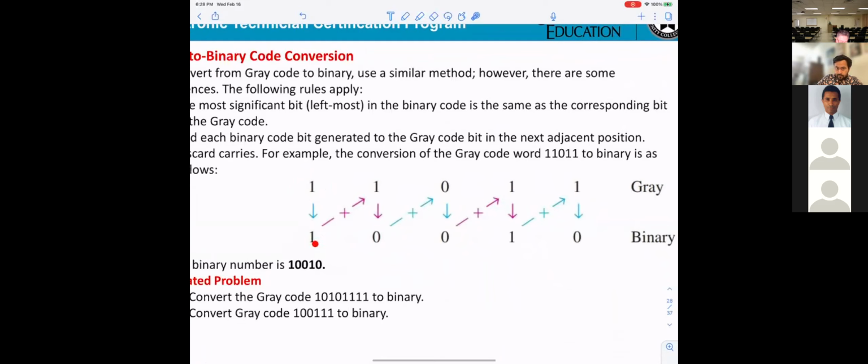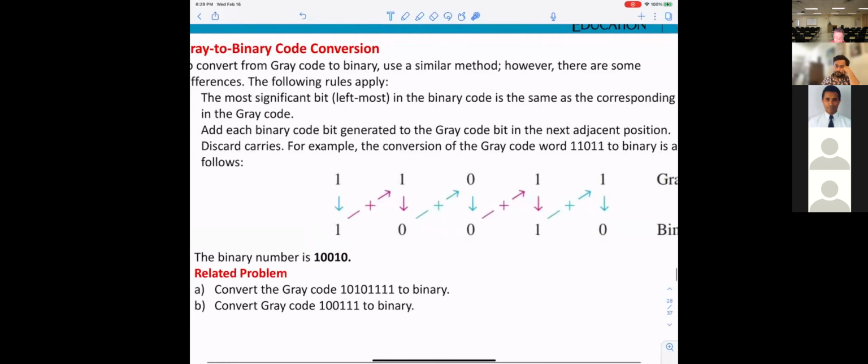Then you take this one, adding to this one, you get 0. No carry, okay? 0 adding to 0, you get 0. 0 adding to 1, you get 1. 1 adding to 1, you get 0. Very simple, but if you don't know, that can be a problem.